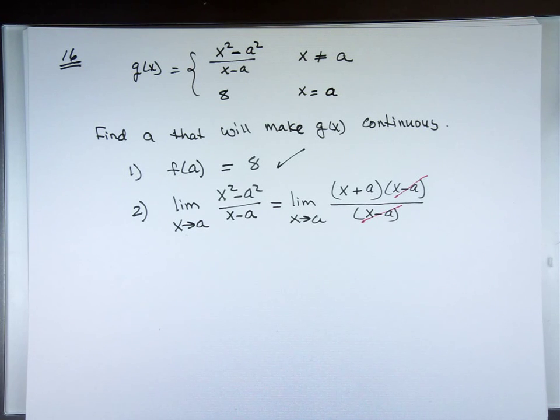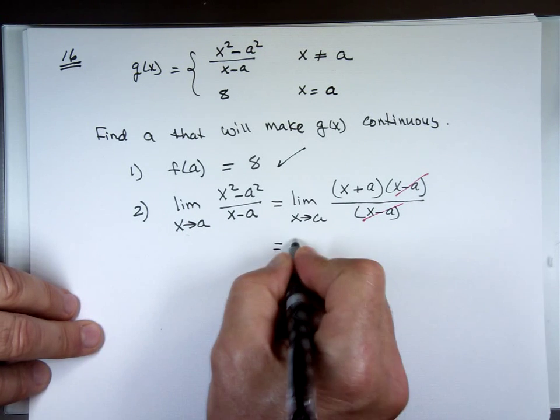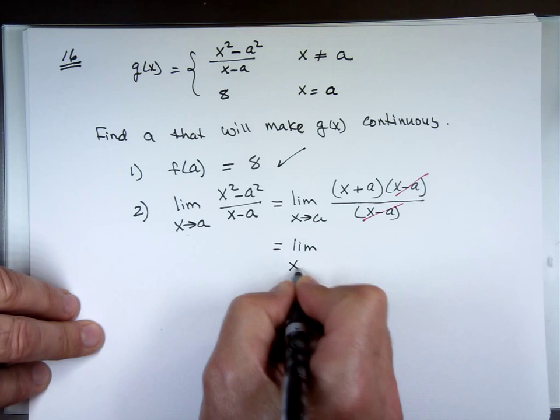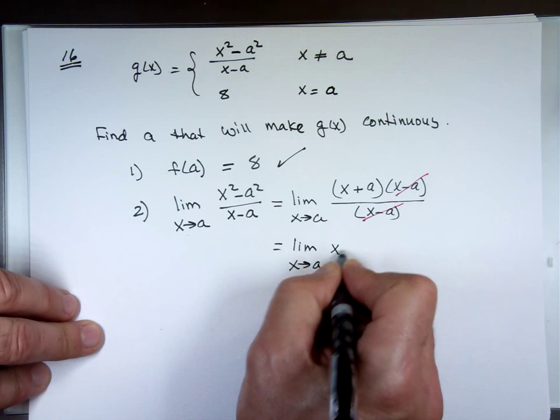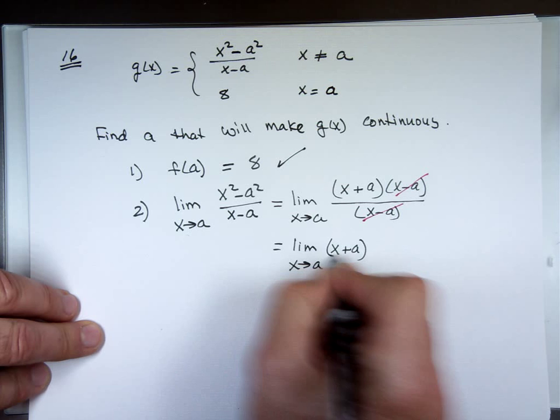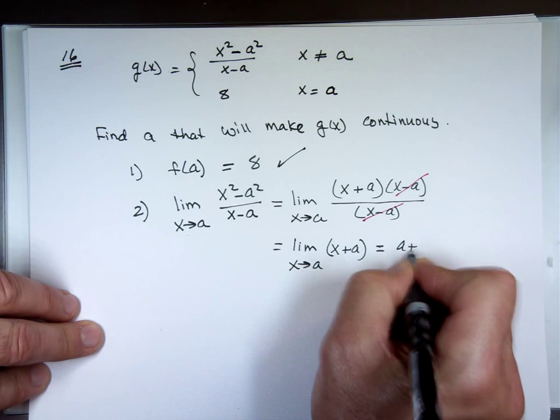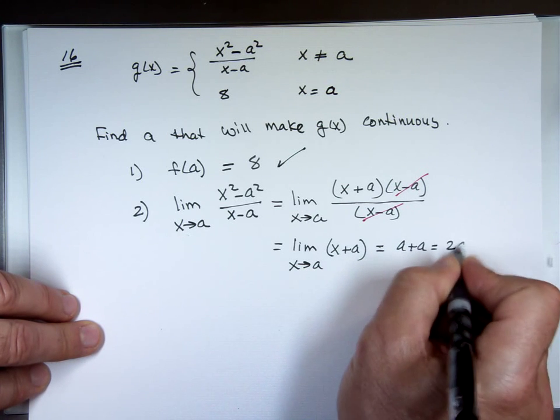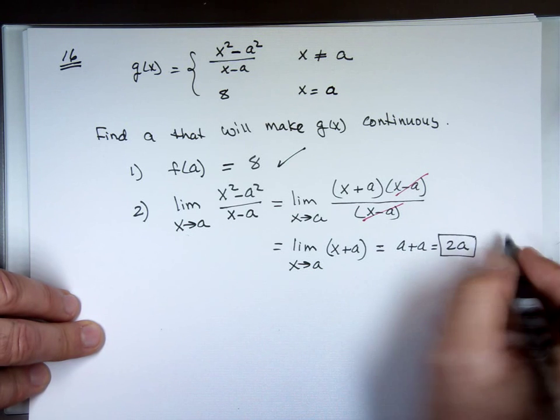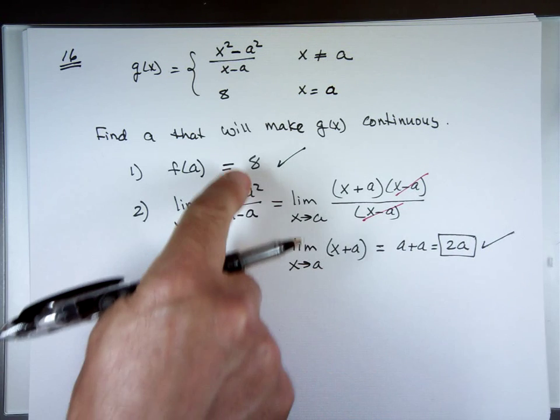Which becomes the limit as x approaches a of x plus a. So let x be a, what are you going to have? A plus a, which is 2a. So we do have a limit. The function is defined. The limit exists.